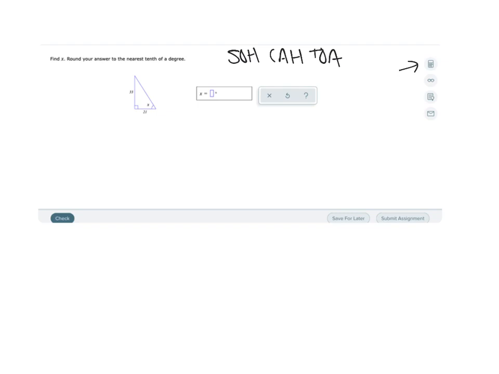In relation to x, we have 33 is opposite of x because it's across from it, and 21 is adjacent to x because it's next to it. So again, we're going to use tan. If I set up my problem, I have the tan of the angle, which is called x, is equal to, opposite is 33 over adjacent is 21.